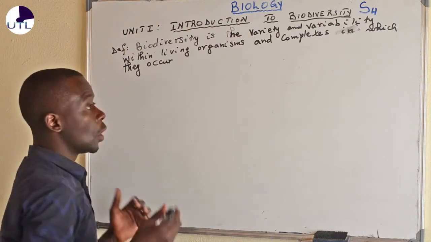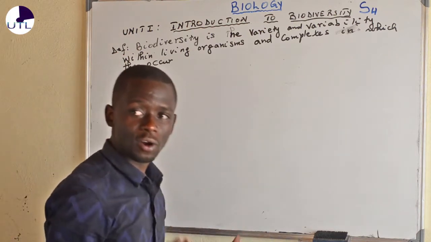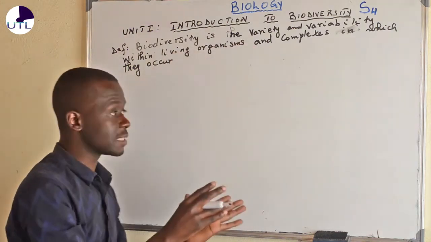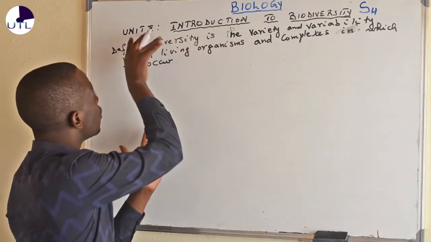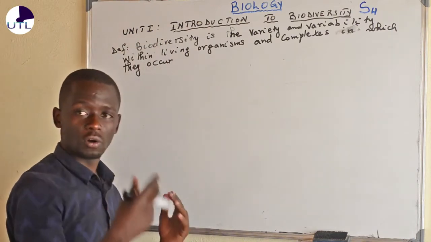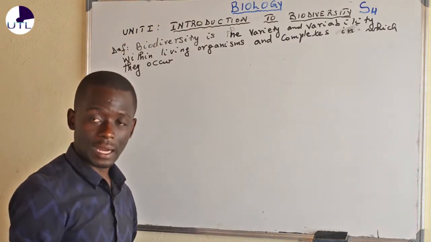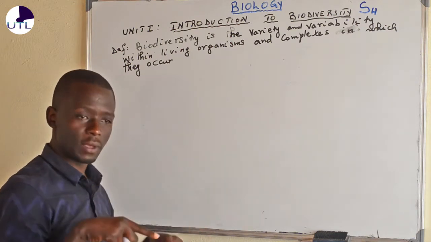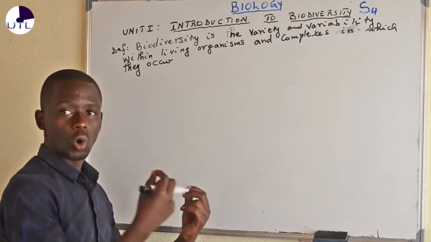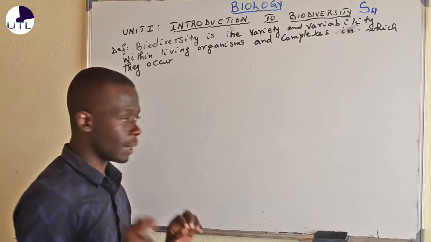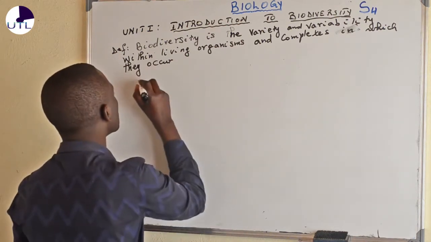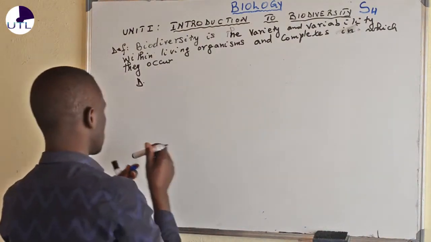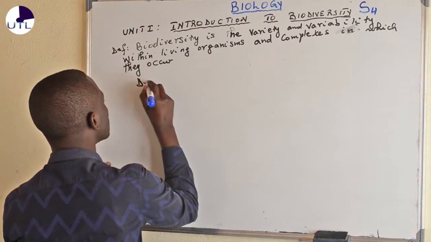So, we are now going to define a lot of different terms that we will use through this biodiversity unit. We have to deal with a lot of ecological key terms. We are going to define them one by one so that whenever we go to that point, you will know exactly what we are talking about. Definitions of key terms, or definitions of ecological terms.